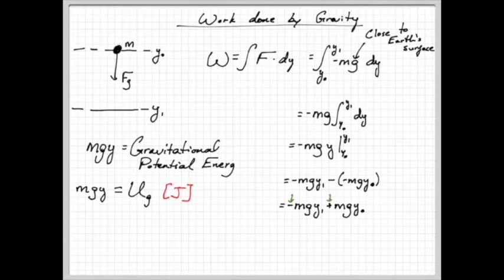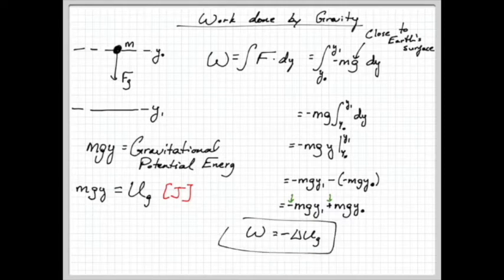That tells us that the work done by gravity is actually a negative change in gravitational potential energy.